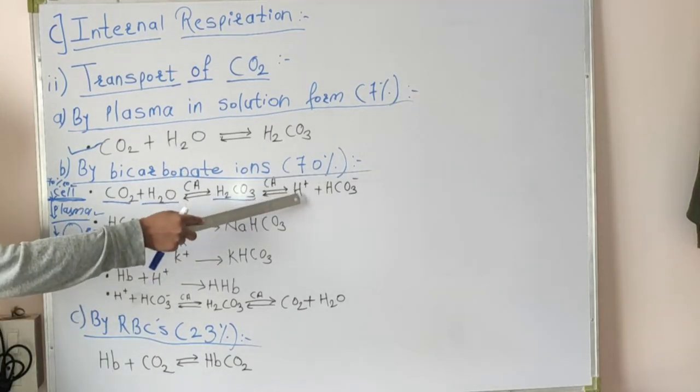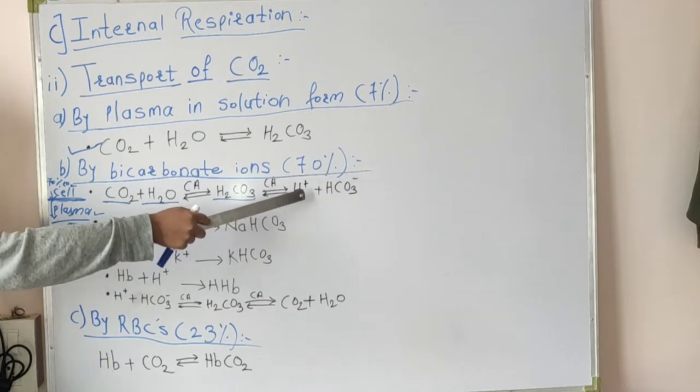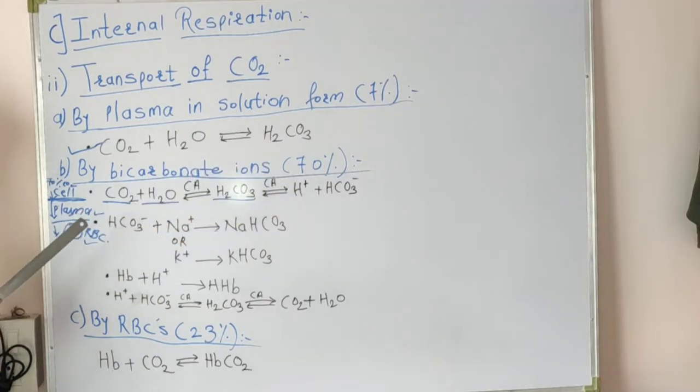When the hydrogen ion comes out from the RBC, the ion balance gets disturbed.